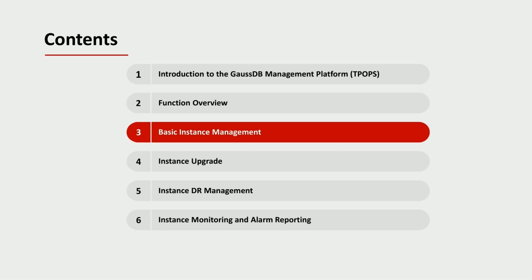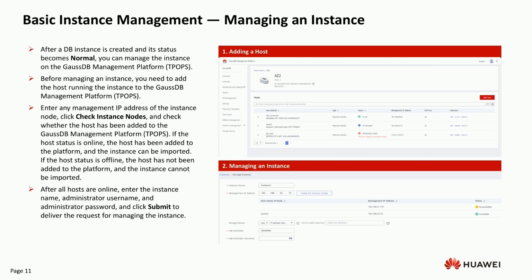Okay, then it's basic instance management. After a DB instance is created and its status becomes normal, you can manage the instance on the GaussDB management platform. As shown in the figure on the right, you need to add the host running the instance to the GaussDB management platform.